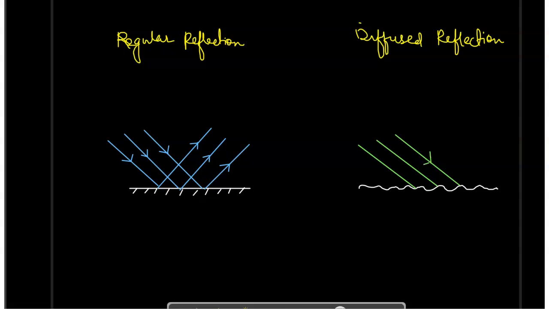In diffused reflection, the reflected rays are scattered in random directions because of the irregularities. Something like this. You can clearly see they are not parallel to each other. Okay, so going back to our question.